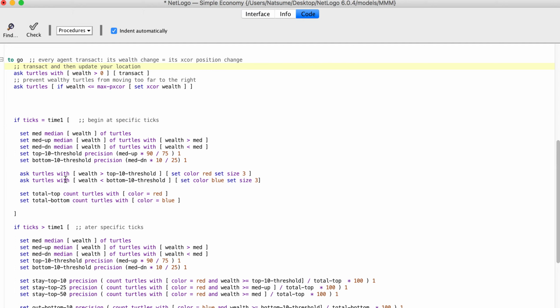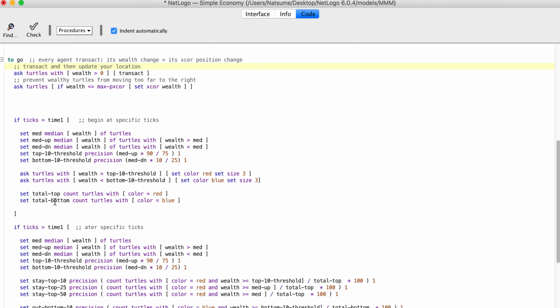And then we can change the size and the color for the top 10% richest agents and the bottom poorest 10% agents. We make the rich red and the size 3. We make the poor blue and the size 3 as well.